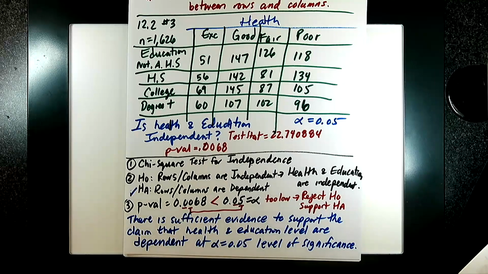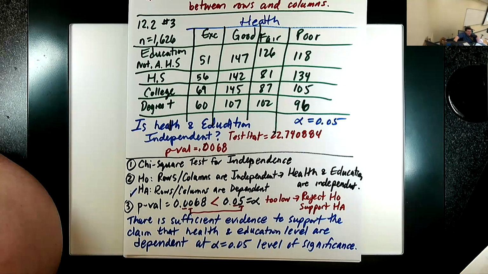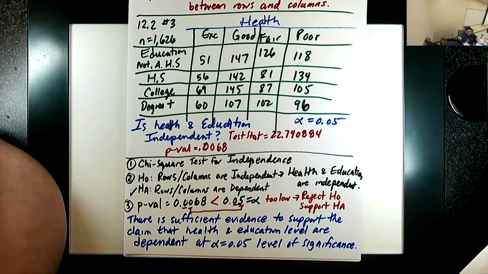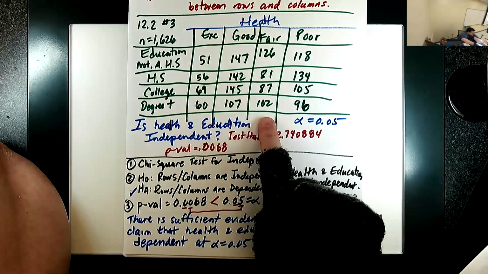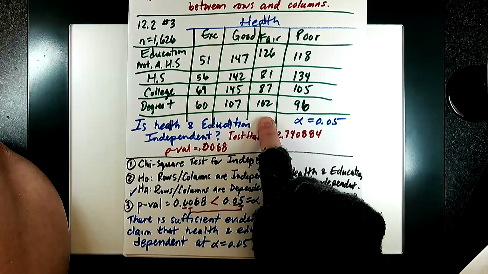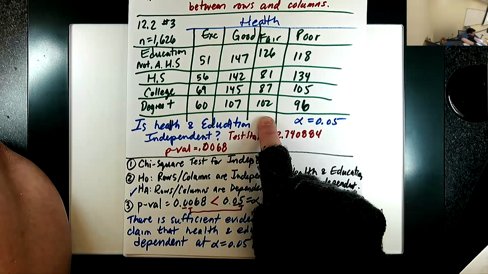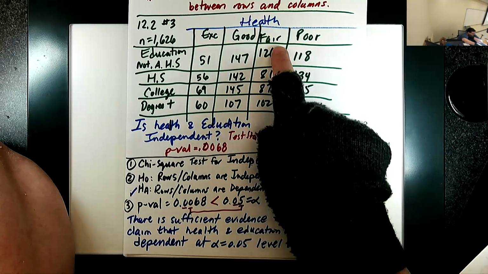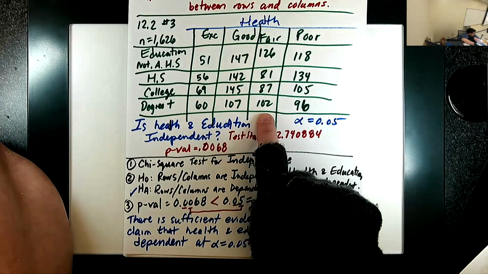So let's look at the fair column right here. If the education level doesn't affect it, all of these should be approximately the same value. Does that make sense?